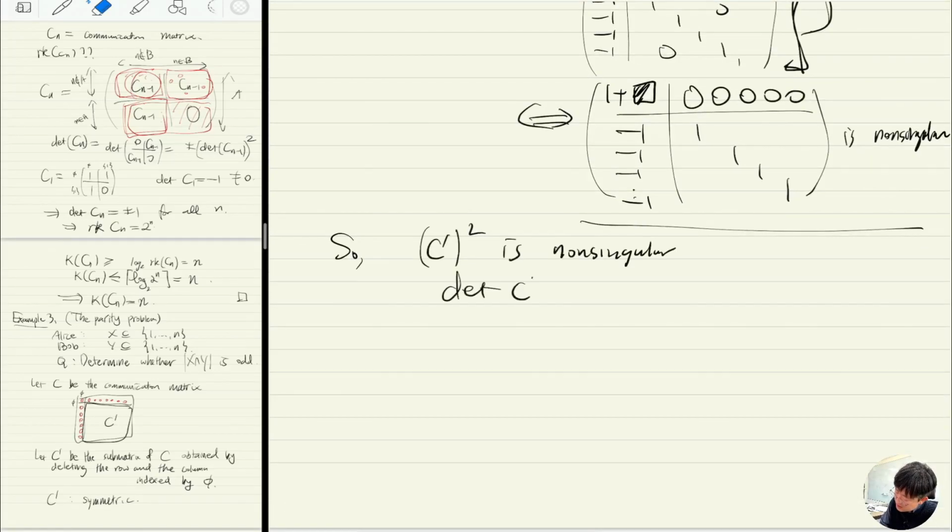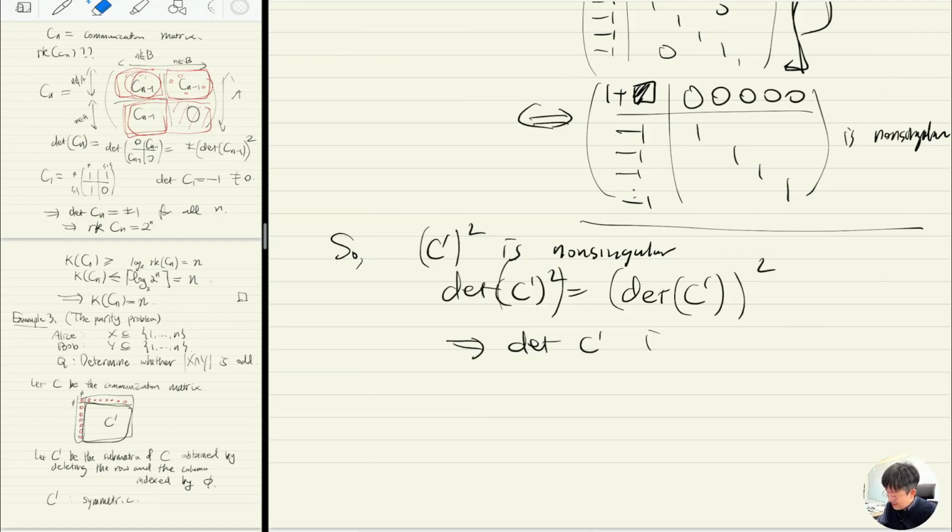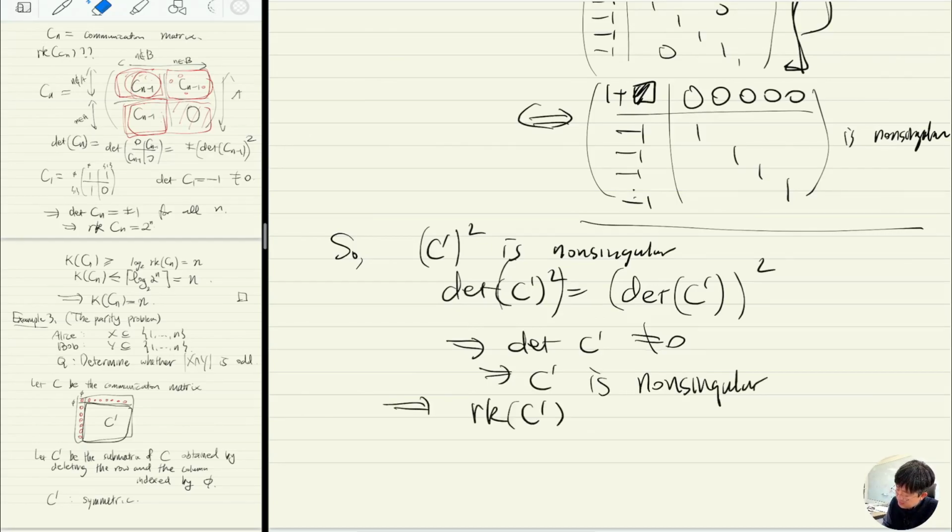But the determinant of C prime squared is the determinant of C prime, squared, so the determinant of C prime is non-zero. That means C prime is non-singular, which means the rank of C prime equals the number of rows of C prime, so it's 2 to the n minus 1 because we removed one row and one column. So the rank of C is 2 to the n minus 1.